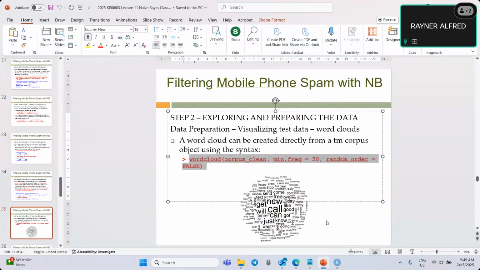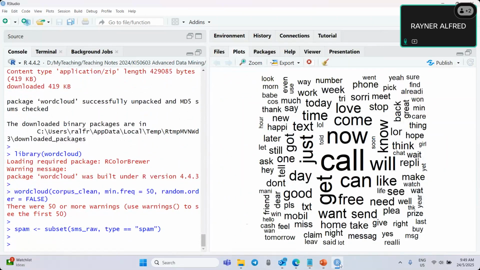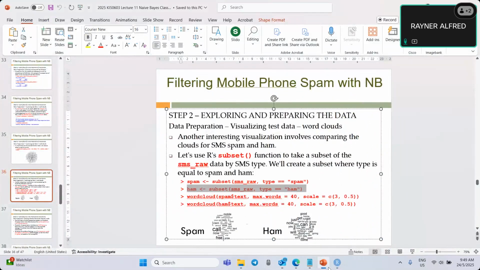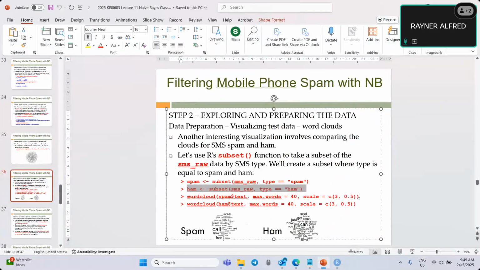If you want to focus on individual ones, we split them into spam and ham and visualize each set of documents.